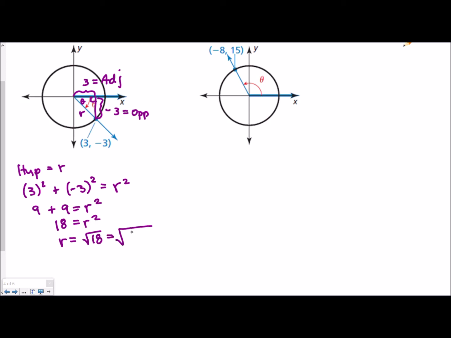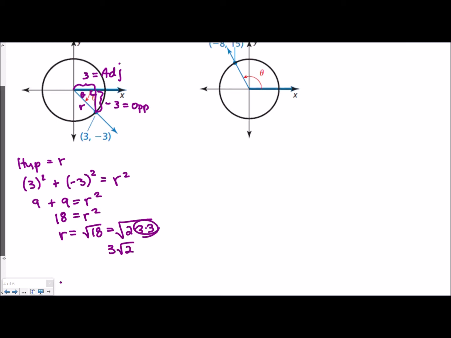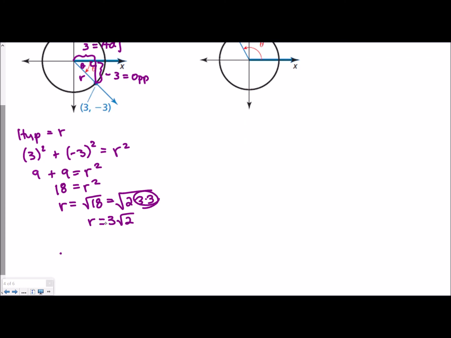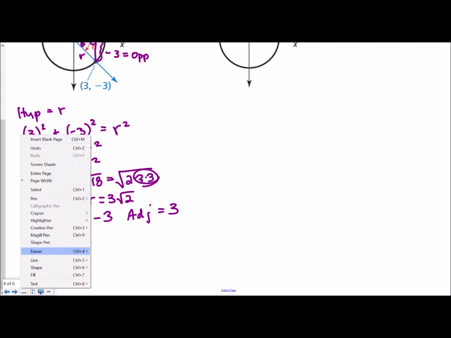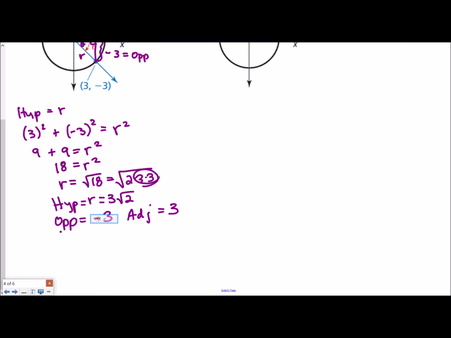But we're going to break down 18 into 2, 3, and 3. Got a pair of homies there that's going to break out. And I've got r is 3 square root of 2. That is your hypotenuse. We decided that our opposite was -3, and our adjacent is 3. So, 6 trig functions. Nice and easy.